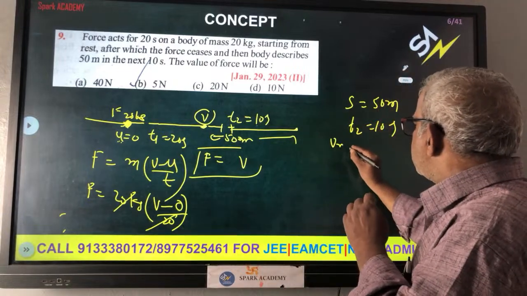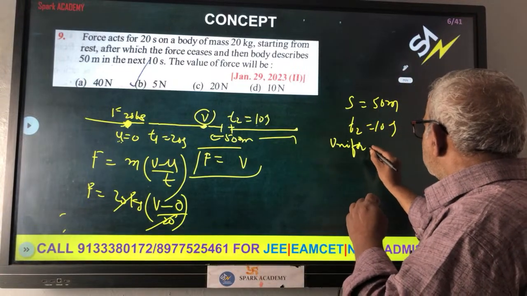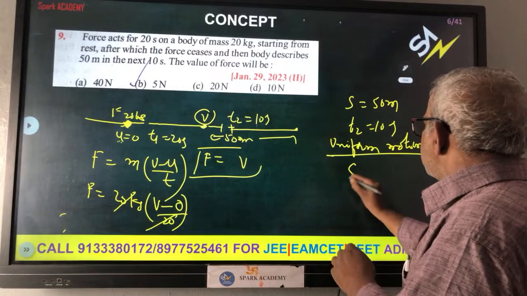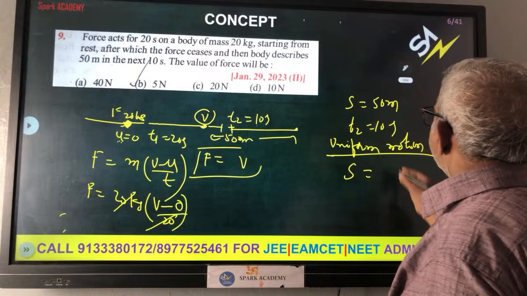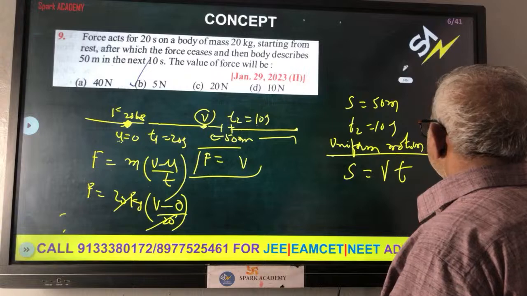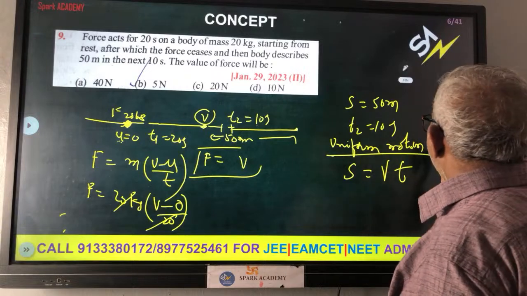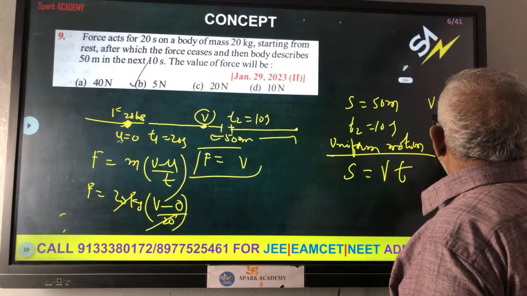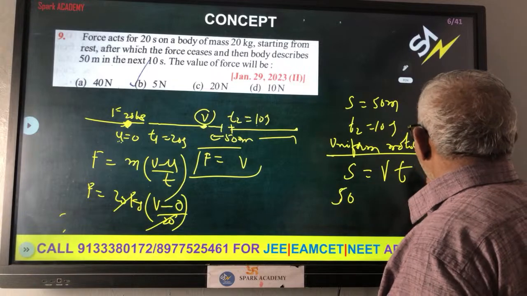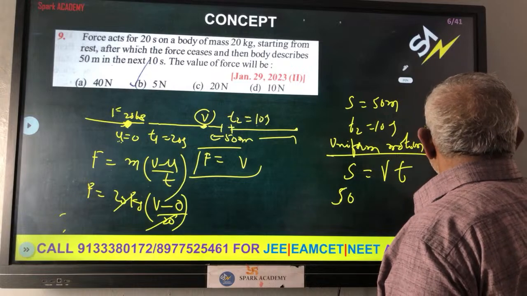Uniform motion now. Don't use S equals ut plus half at squared now. S is equal to what? Velocity is v, so S is equal to v into t. So v is equal to F here. S is how much? 50. Uniform motion, acceleration won't be there. Uniform motion means acceleration is 0.